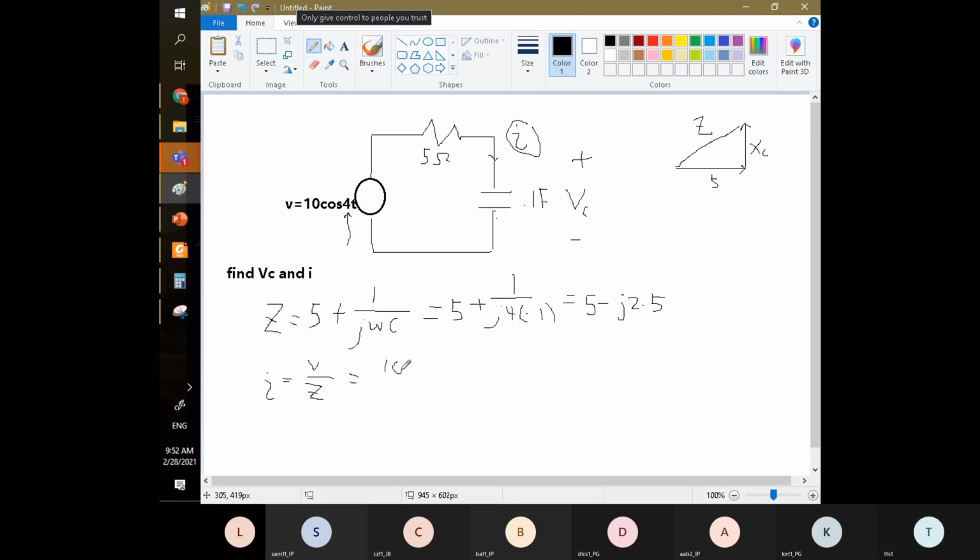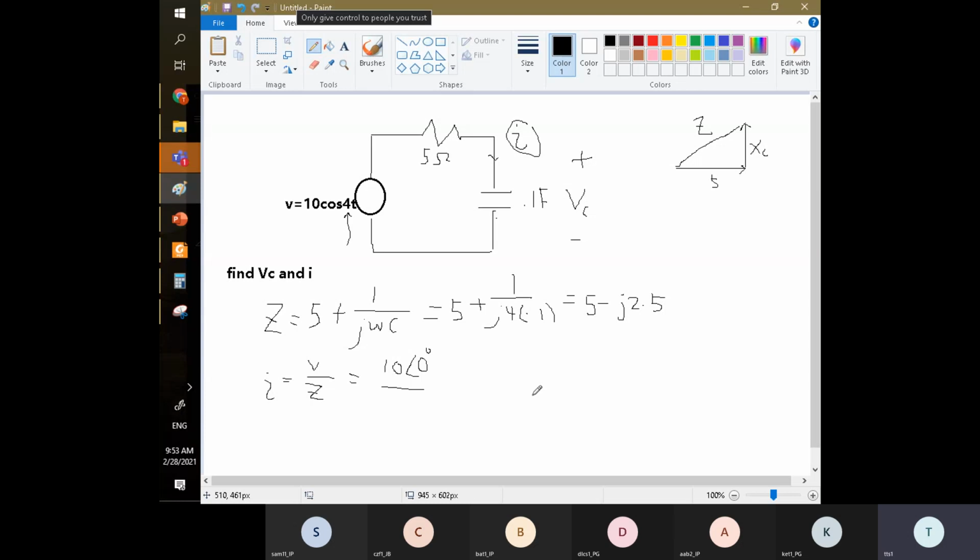We learned just now how to convert this into phasor form, at no phase shift, at 0 degrees. And this one, convert to phasor. I told you, sometimes when we do division, we cannot use the rectangular form.